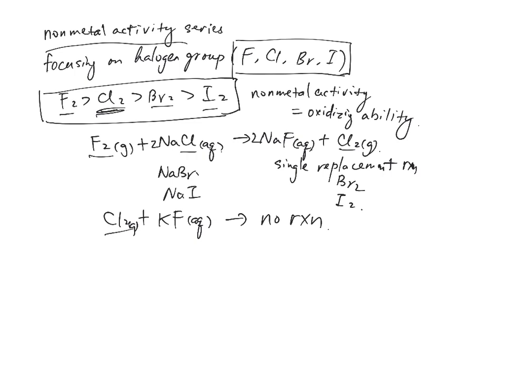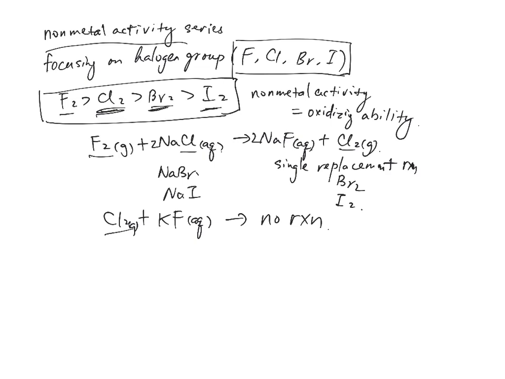Chlorine will never be able to do that to fluorine because, again, fluorine is the more active one. Fluorine wants to gain electrons more, so when it comes to competing on that, chlorine is not going to win. So chlorine can only do it to bromine and iodine.